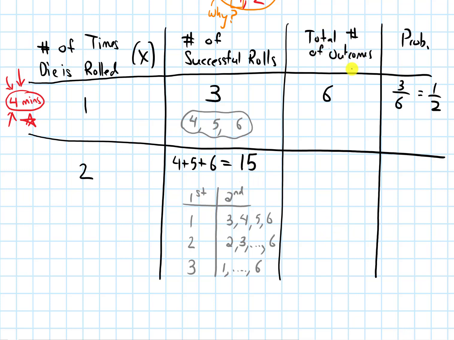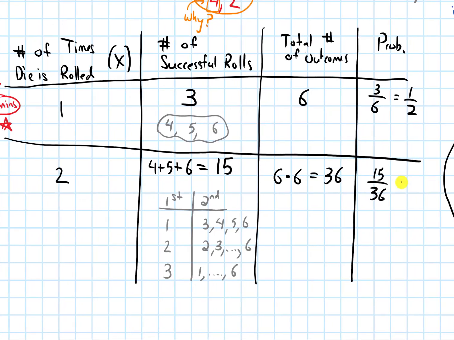So how many total outcomes are there if I've rolled the die twice? 6 choices for the first roll and 6 choices for the second roll, and I multiply those to get 36. So my probability is 15 over 36. This simplifies because I can divide the top and the bottom by 3, and doing that, we get 5 over 12.